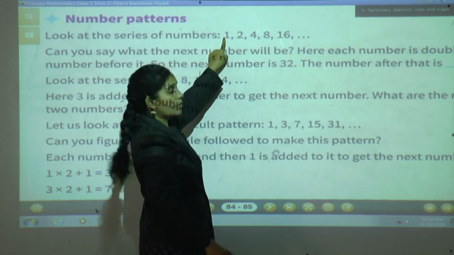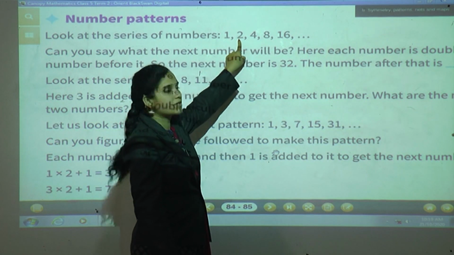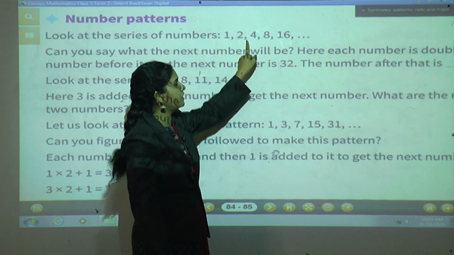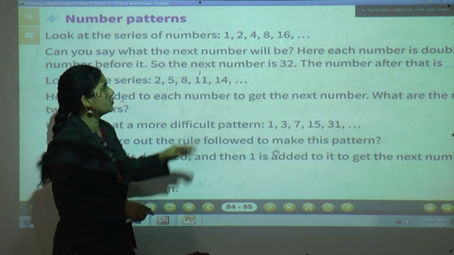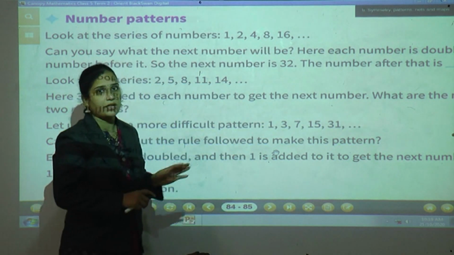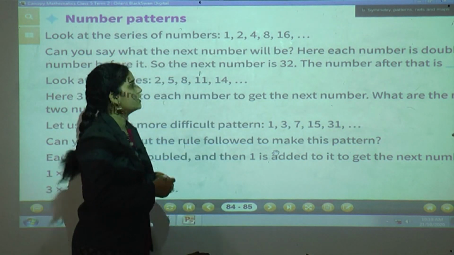This one is a square of 1. Here this one is a square of no. So that means they have not given here the series of a square. Okay, so don't get confused. Here 4 and 16 are squares, but 2 and 8 are not, so here they have not given the series of a square.